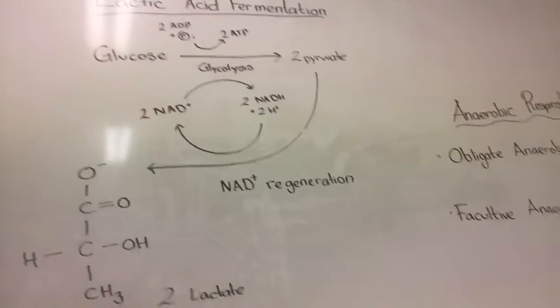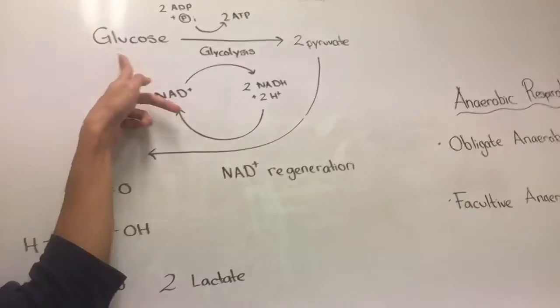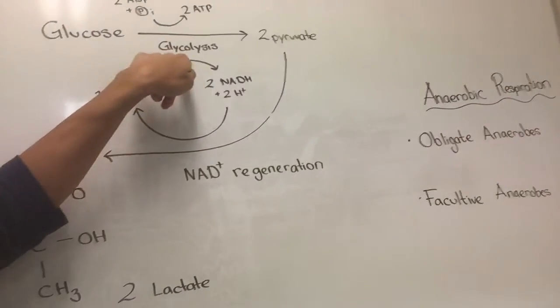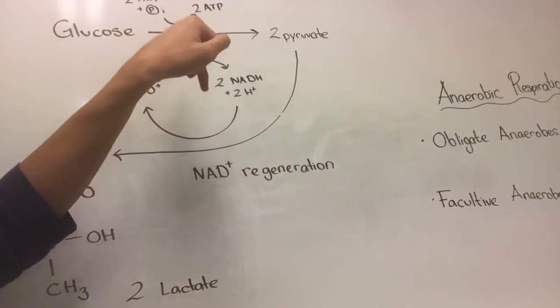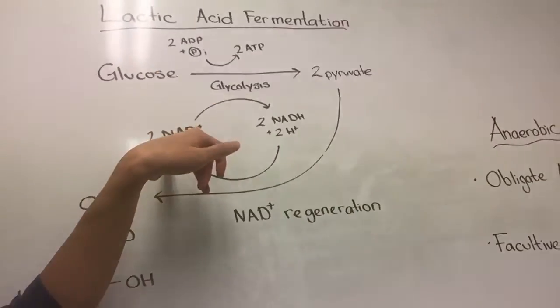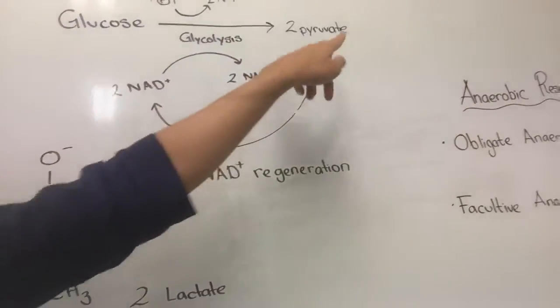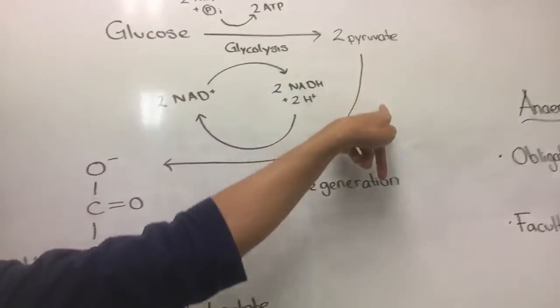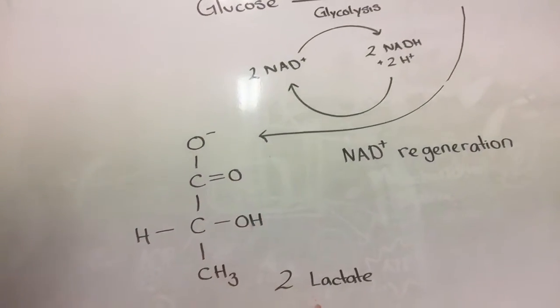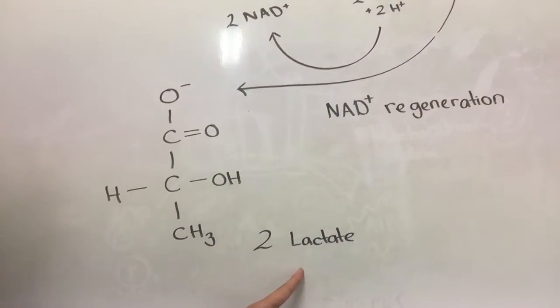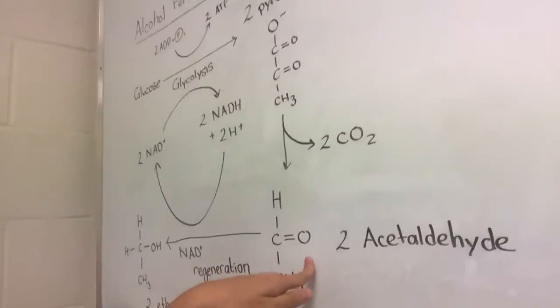Now, lactic acid fermentation. It's essentially very similar. You start with glucose, go through glycolysis, forming 2 ATP, and then NAD+ also forms 2 NADH. But from 2 pyruvate, you go straight into forming 2 lactate in this case. The pyruvate doesn't turn into something else.